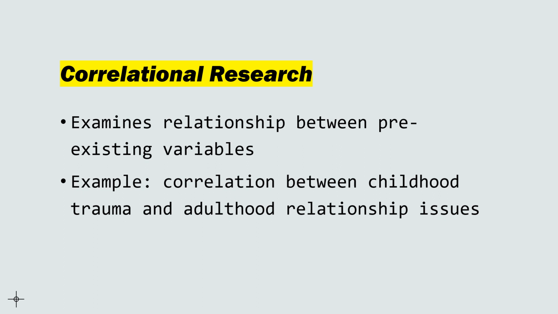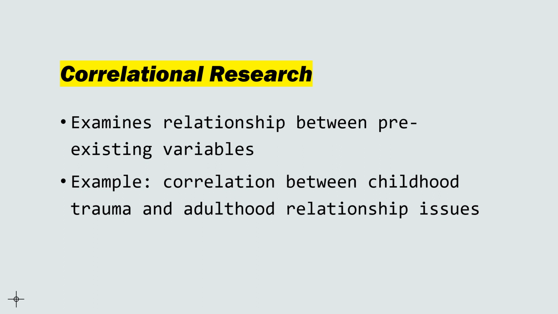If I wanted to do this as a correlational study, probably a survey would be the easiest approach. I would give a survey to maybe 1,000 participants, and I ask them about the traumas they experienced as a child. Maybe I have a checklist with all the different traumas I can think of, and they go through and check off all the ones they've experienced.